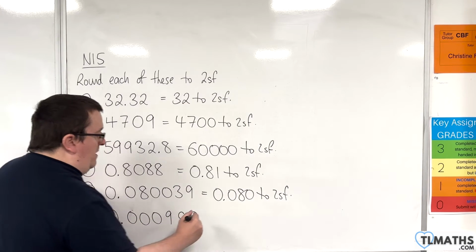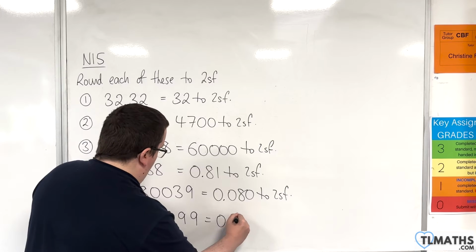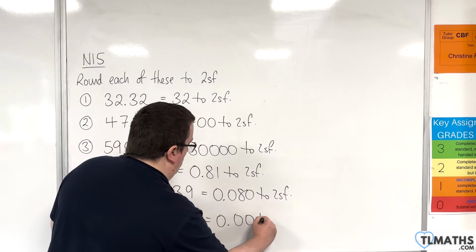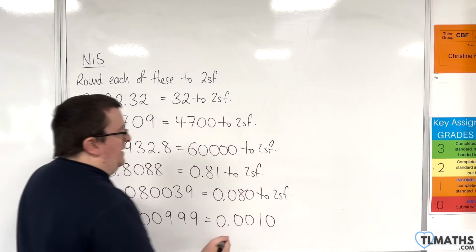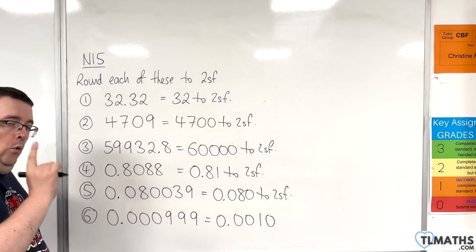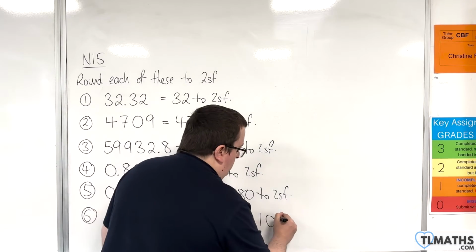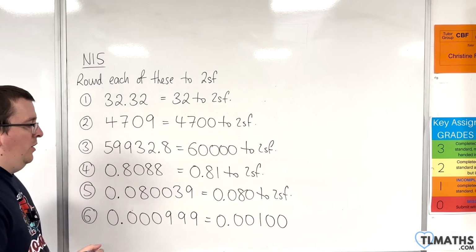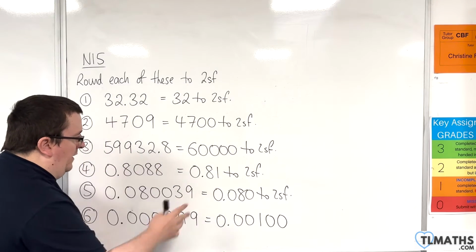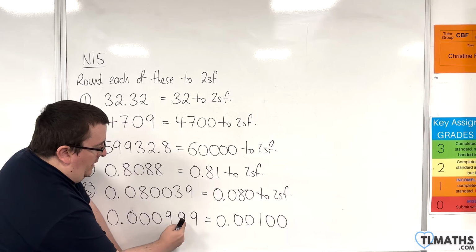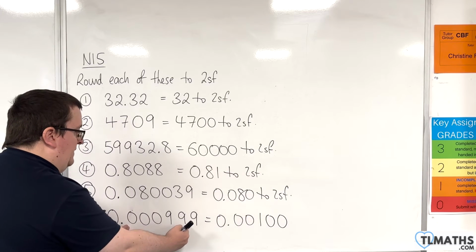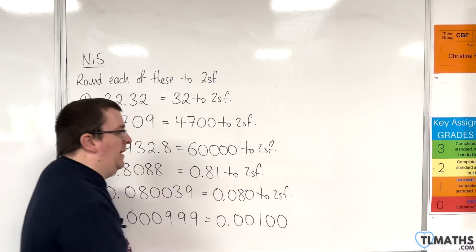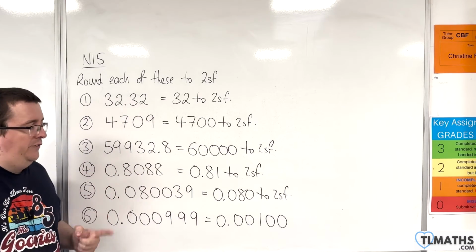So this would round up to 0.0010. Now, you're probably wanting to put another 0 here, instinctively, because in all the other situations we've rounded to that point, and this tells us that we've got these 5 decimal places here, so we should have 5 decimal places here. Okay, I can completely understand that.